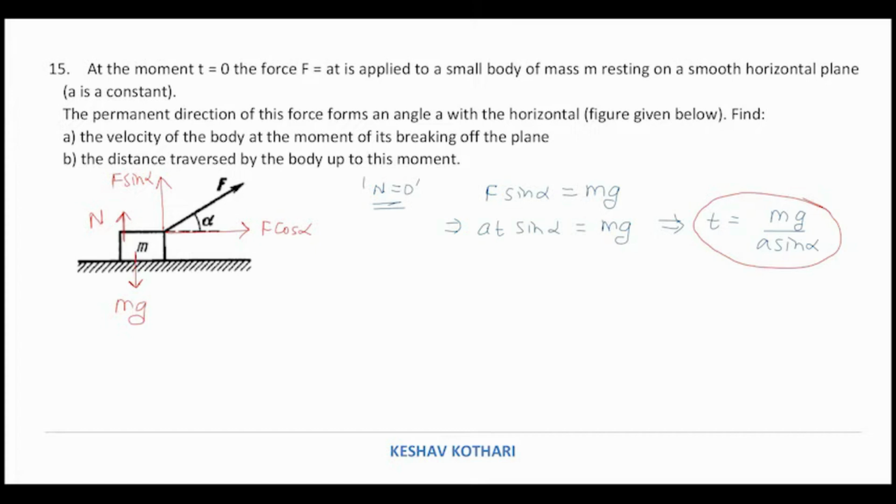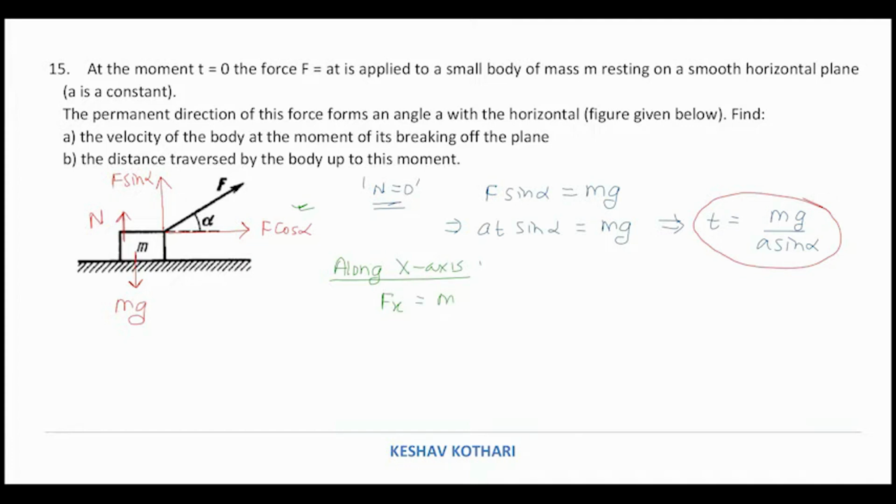Now we are writing the equation along the x-axis. The force along the x-axis is responsible for its motion on the surface while it was getting lifted off the surface. So along the x-axis, the force along the x-axis is equal to m times acceleration along the x-axis.